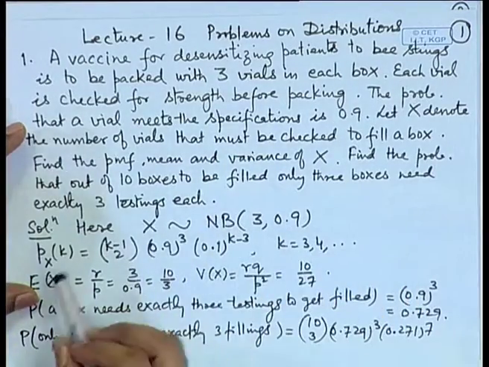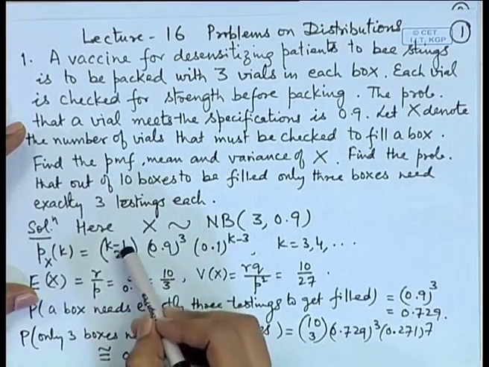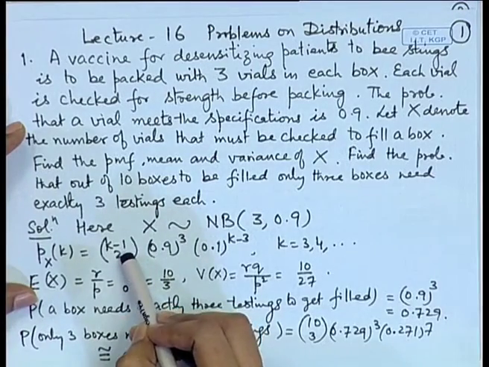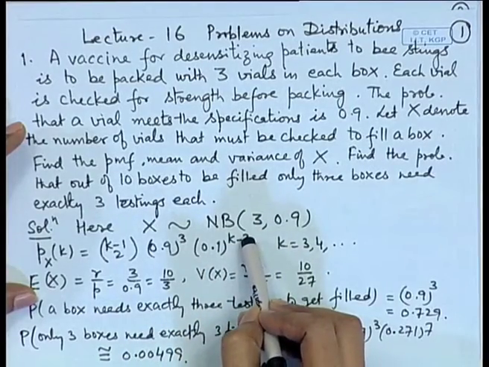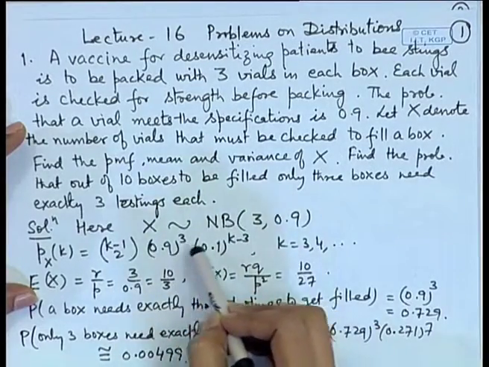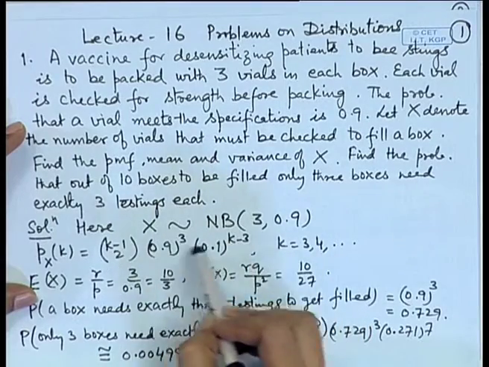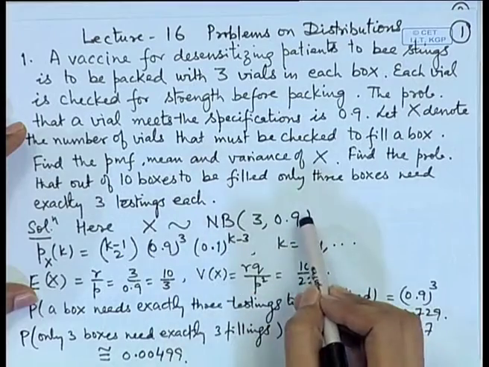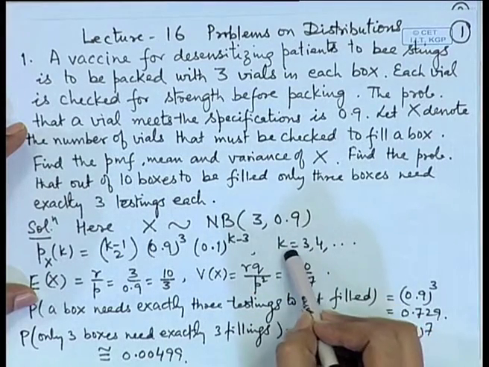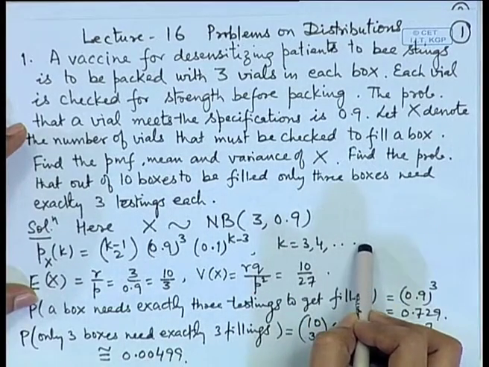That means the probability mass function will be (k-1)C2 (0.9)^3 (0.1)^(k-3), which is the probability mass function of a negative binomial distribution with parameters r equal to 3 and p equal to 0.9. The values of k are 3, 4 and so on.